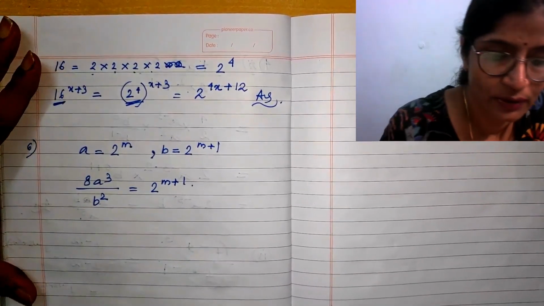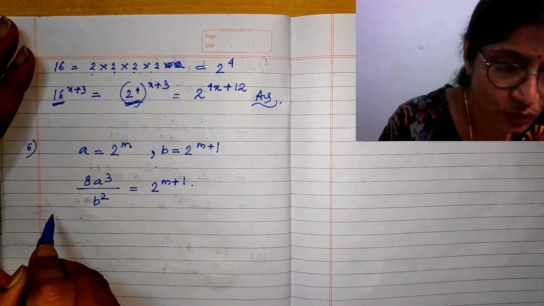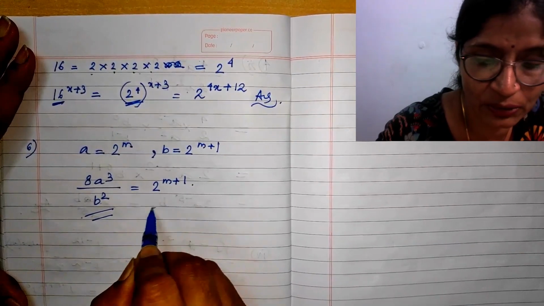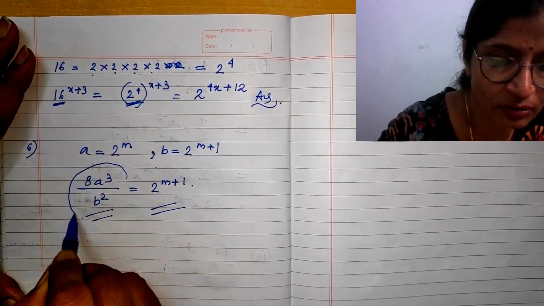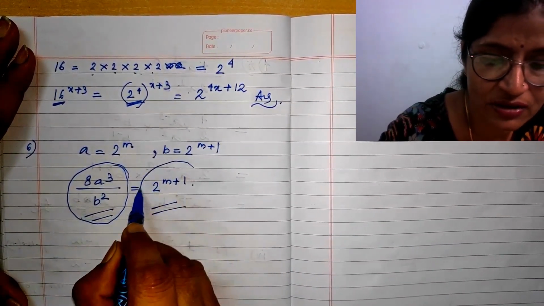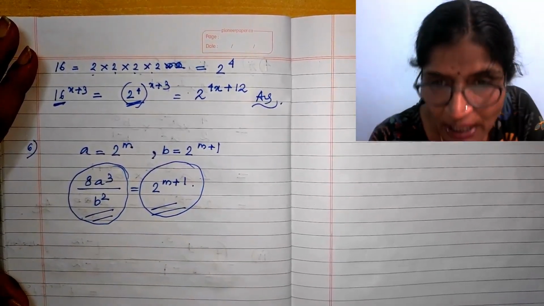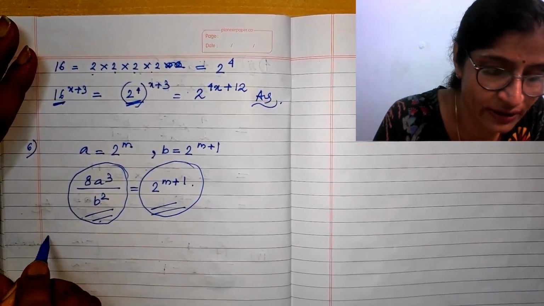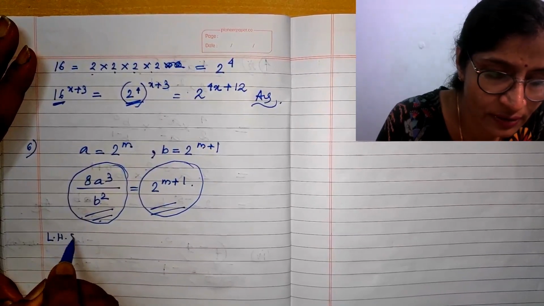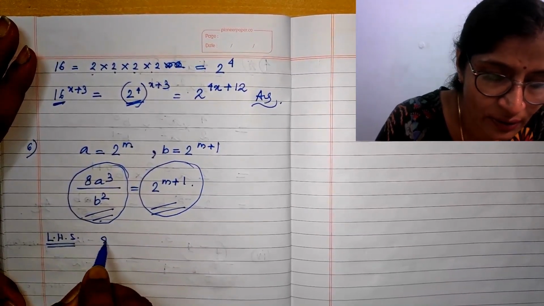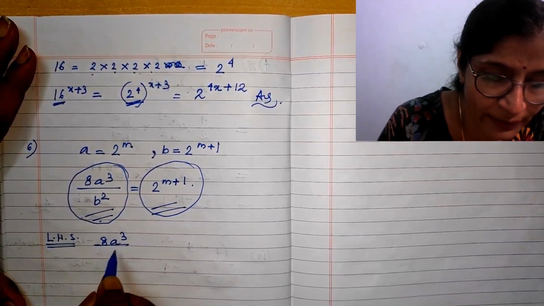Okay. So I have to prove that this is equal to this. So I will start from this. This is the left hand side, and this is the right hand side. I will start the sum with the left hand side. What is the left hand side? 8a cube divided by b square.